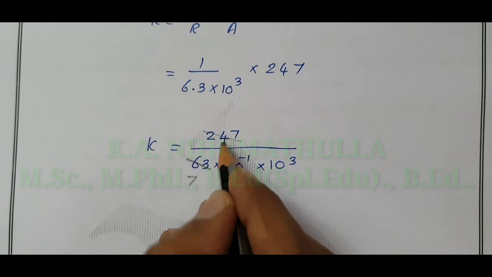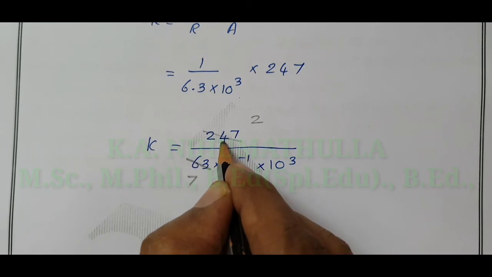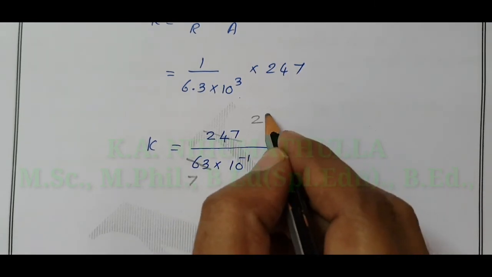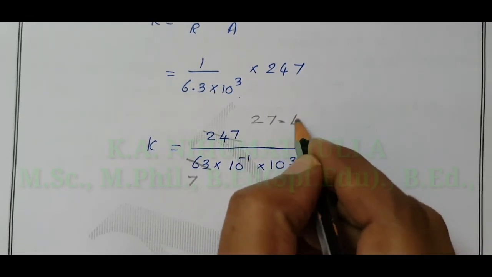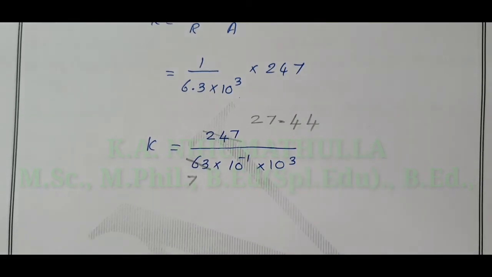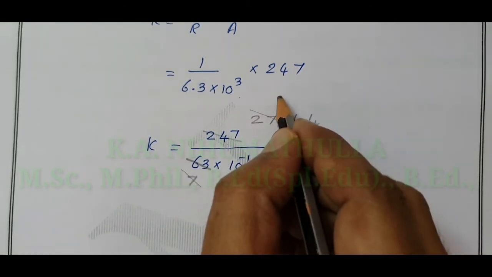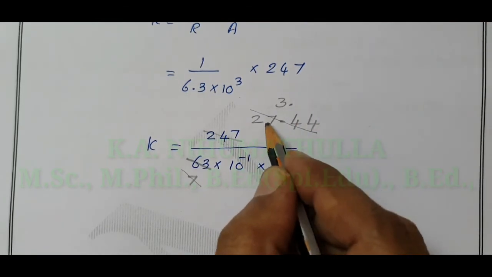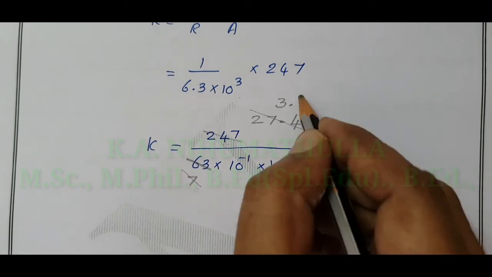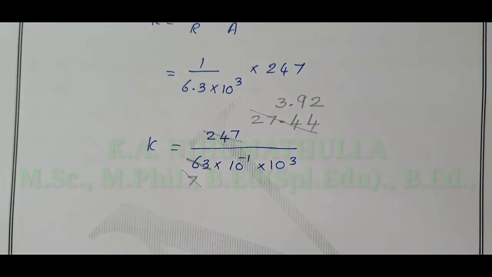When we divide 247, how many 9s do we get? 2 9s are 18, remaining 6; 7 9s are 63, remaining 4; 4 9s are 36, and so on, giving 3.92. 10 power 3 and 10 power minus 1 becomes 10 power 2.